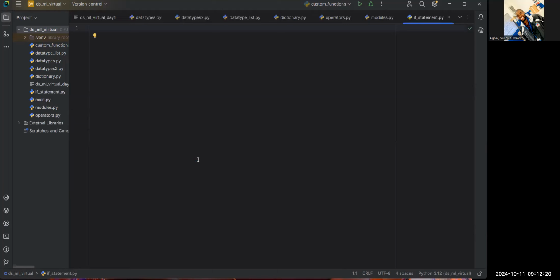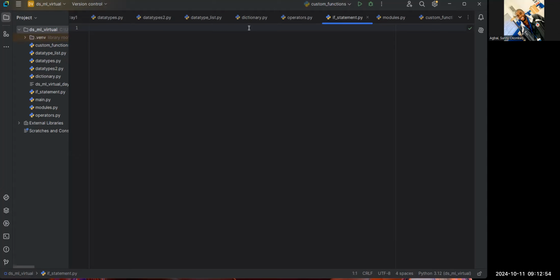Now what I'm going to do is arrange this by dragging the if to where we have modules, so that immediately after operators, you're seeing our if statement. And just like that, that's the way we are going to proceed with it. Now let's do a little introduction about our if statement and just continue.